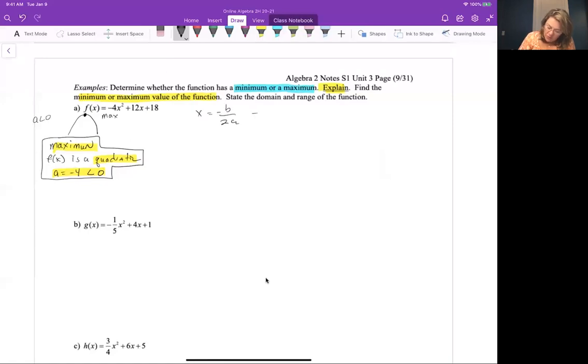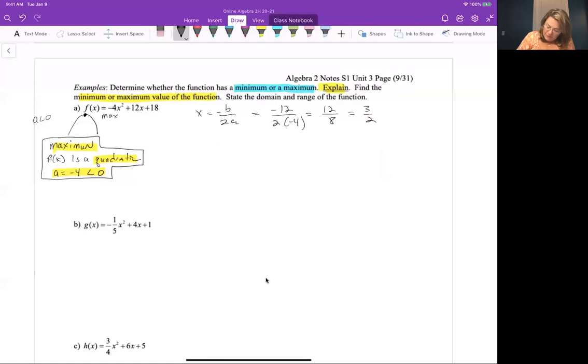That's the x-coordinate. What's negative b? It's negative 12 over 2 times negative 4. And that will simplify into a positive 12 over 8, because the negatives cancel. I can simplify that to get 3/2.